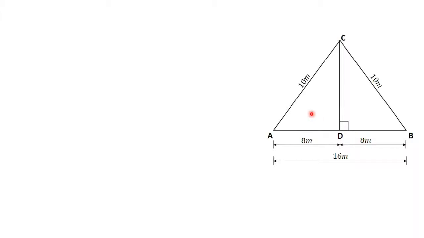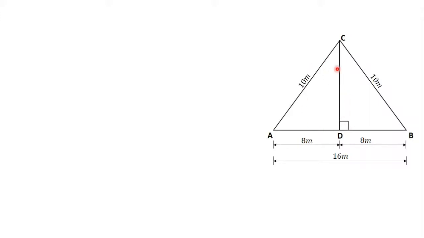To find the area of a triangle, you need the base and the height, because the area of a triangle is half times the base times the height. We have the base as 16 meters, but we don't have the height, so we need to find the height of the triangle.